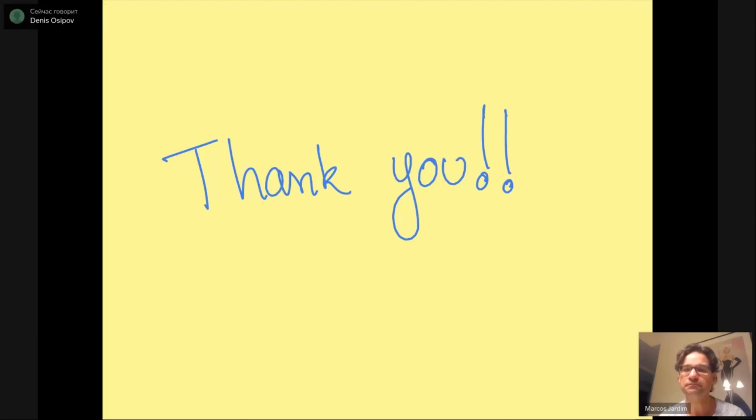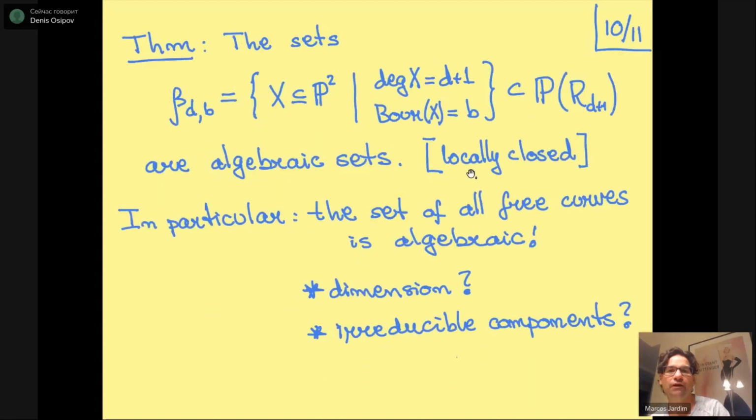And I have a question. When you say that it is an algebraic set, it means you consider only the coefficients, yes? It satisfies some algebraic relations, yes? You don't consider the action of the PGL2 group, yes?